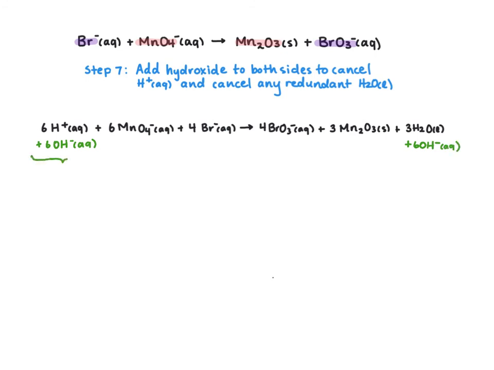And the reason that we do this is that when hydrogen ions and hydroxide ions react, they form water, thereby neutralizing the hydrogen ions that were present. We'll end up with an excess of hydroxide ions on the opposite side of the reaction.